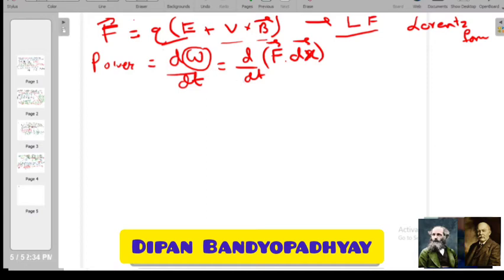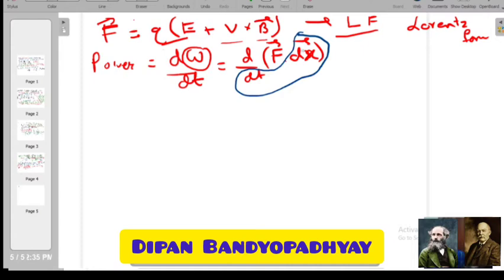W is the work done, and what is the formula for work done? Force and displacement. Now see this dx/dt term, this is distance by time. I am not talking about the change, I am just giving you the idea of what the term can be.